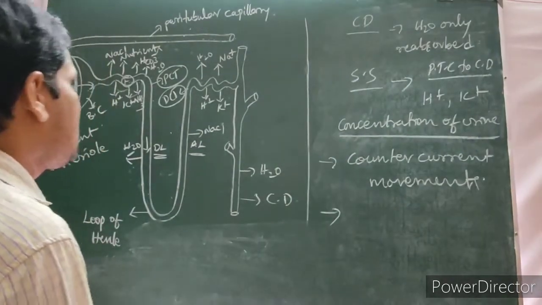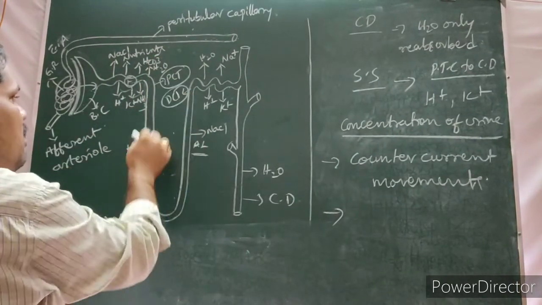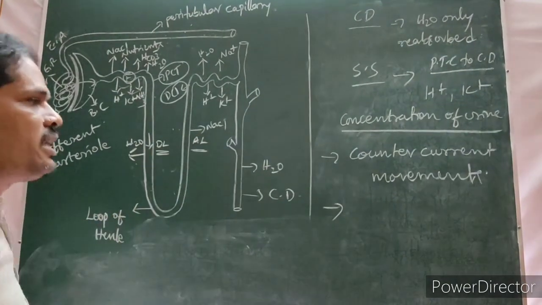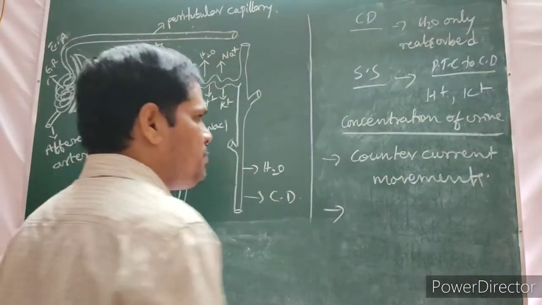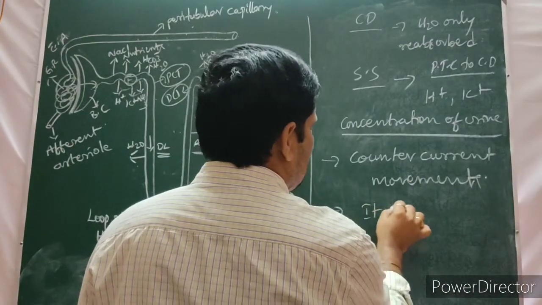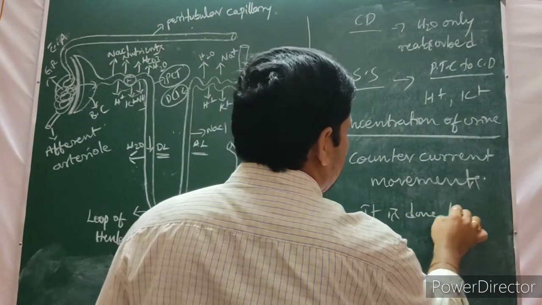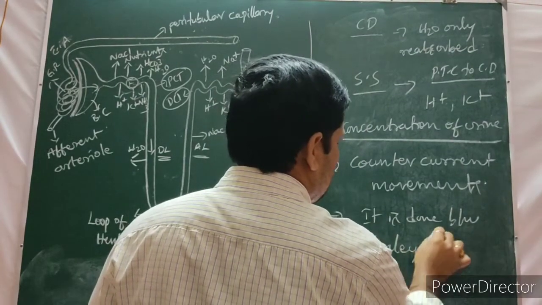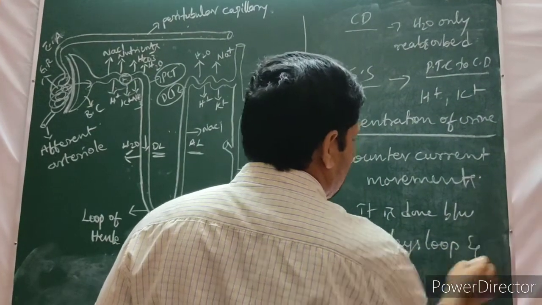What is the meaning of vasa recta? Whenever the peritubular capillary winds around Henle's loop or renal tubule, that is what we call the vasa recta.